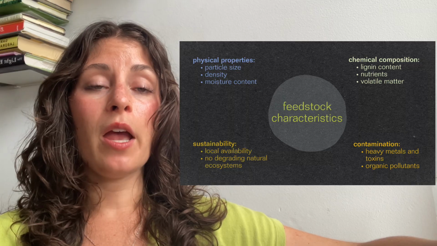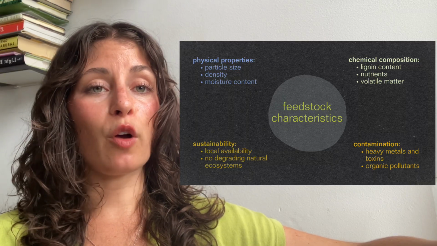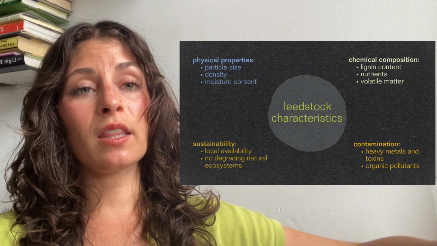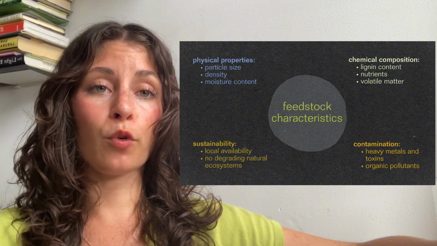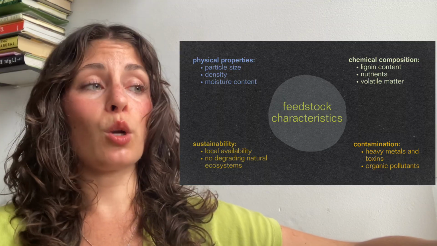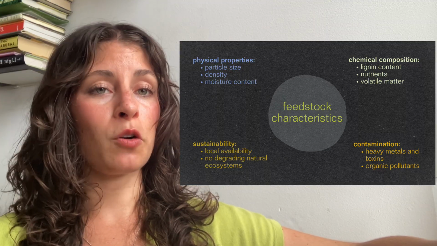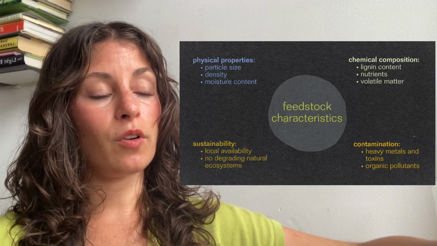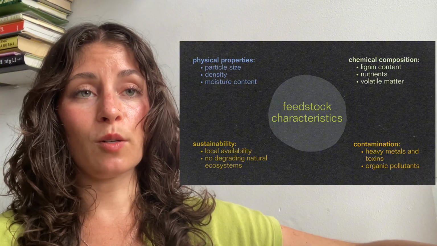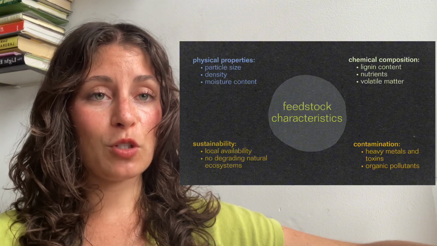For example, in a workshop I did at a small farm in the Bronx, they were using a lot of twigs coming from pruning their trees. That's different from cutting down a tree and cutting up all this wood just to make biochar. You want to make sure you're not degrading natural ecosystems with this goal of making biochar.